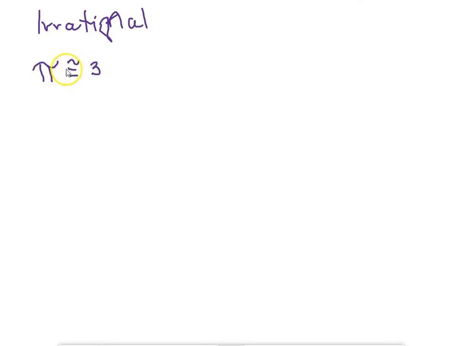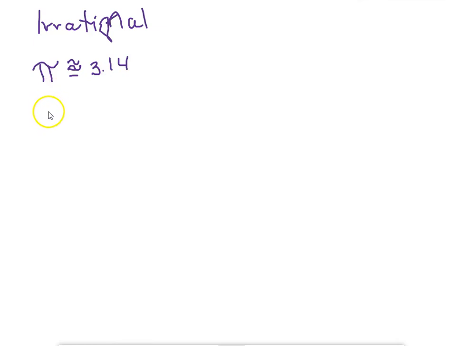It's approximately equal to 3.14. But they've actually taken it out to several million decimal places, and so far no one has been able to find a pattern or something that repeats. So it goes on forever and ever, and there's no rhyme or reason what number is going to be next.